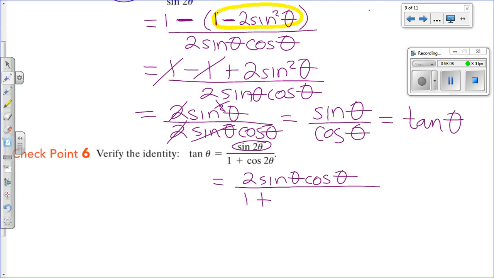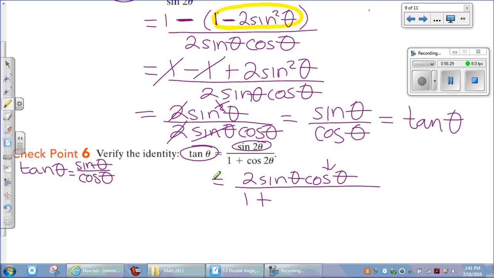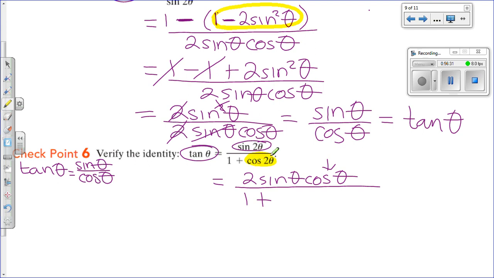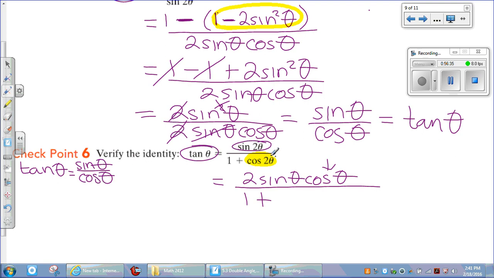Since I'm trying to somehow cancel cosine theta, and the reason I know I want to cancel cosine theta is because tangent, by using the quotient identity, we know it is sine of theta over cosine theta. So remember that for this particular double angle, for the cosine of that, we have 3 options. I'm going to list them here.